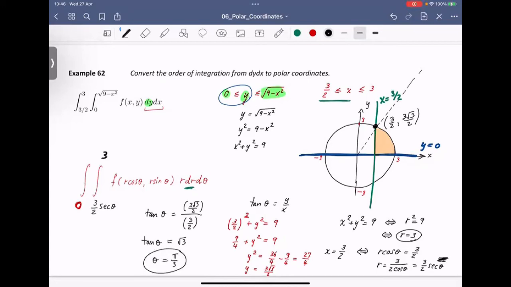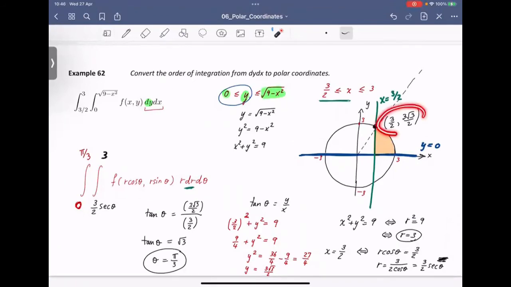Okay, so the answer is gonna be just pi/3 here, because we actually get the coordinate here already, which is this point, and then you use the equation tan theta equal to y over x, so you solve for theta. Any question? Am I going too fast, too hard?